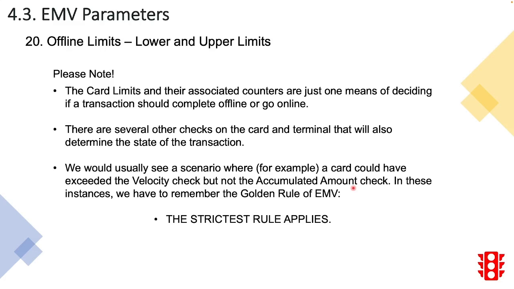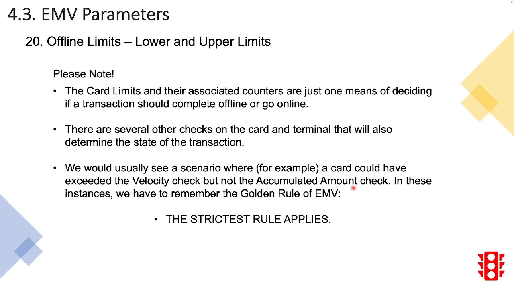Your next strictest is send it online, and your third strictest is allowed to approve offline. So in this particular scenario, we have a velocity check, which is third level, which says allowed to approve offline, and then we've got the accumulated amount check, which is second level, which says send it online, but if you can't go online, then decline it. You will always take the strictest one and apply that.